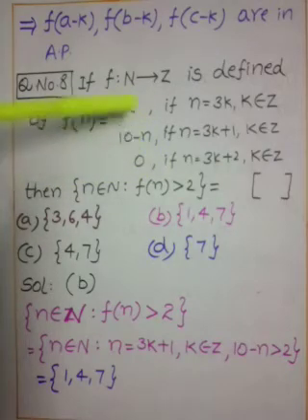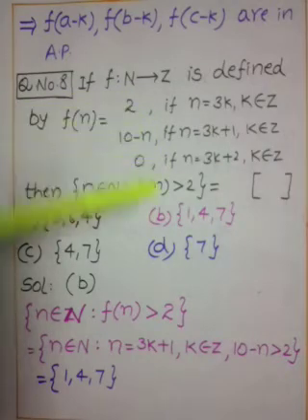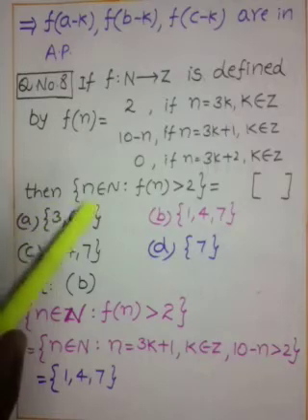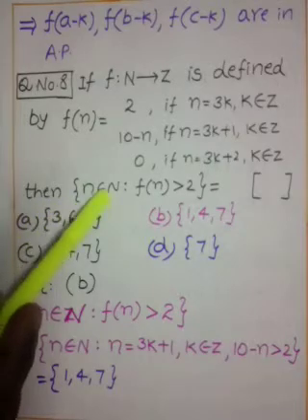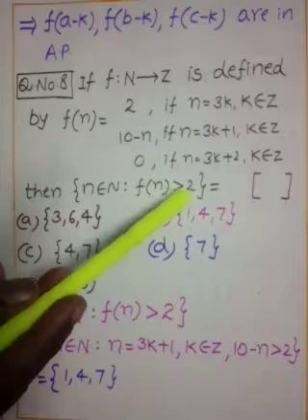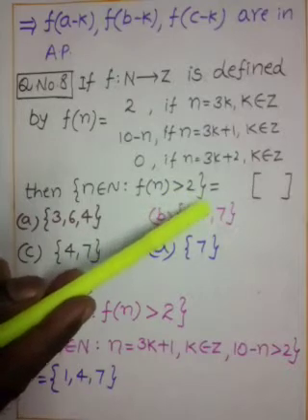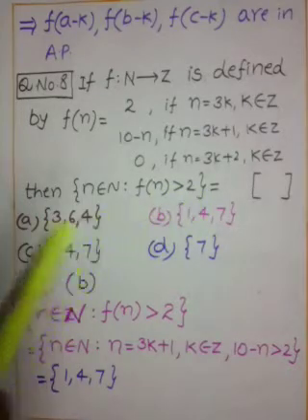Okay, my children? Right. Then the set of all n belongs to N such that f of n is greater than 2. Okay, my children, we have to find that set.